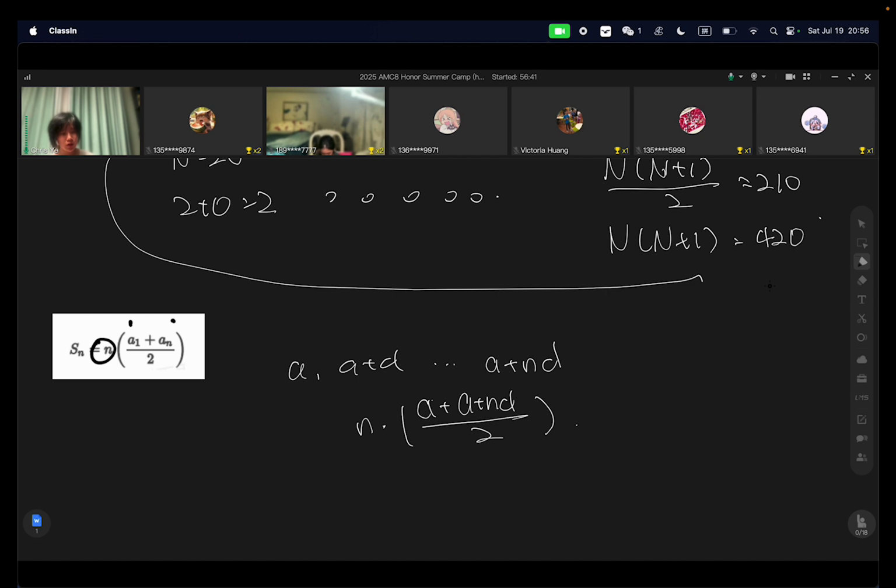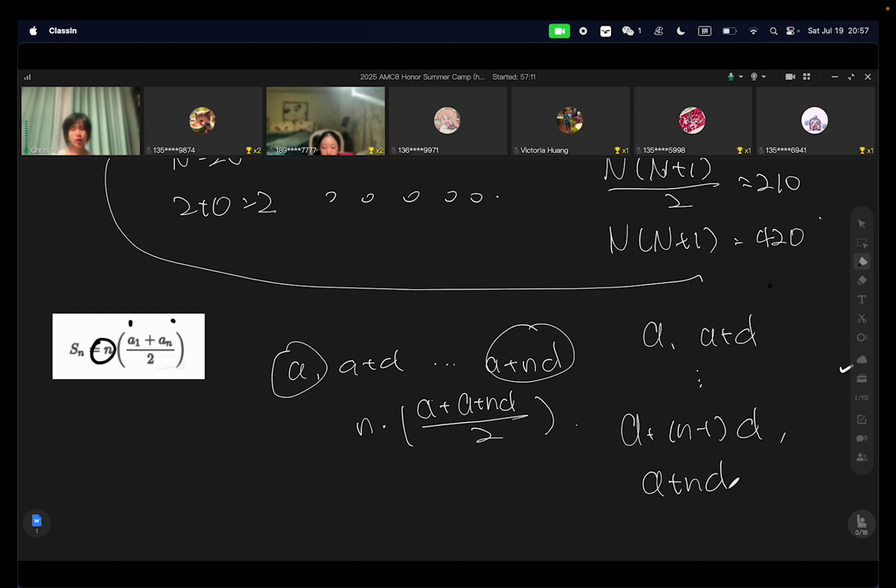But then we know that from the equation before, the first number and the last number together is the same as the numbers in the middle. Let me expand it real quick. We have a, a plus d, then all the way to a plus (n minus 1)d, and a plus nd, right?